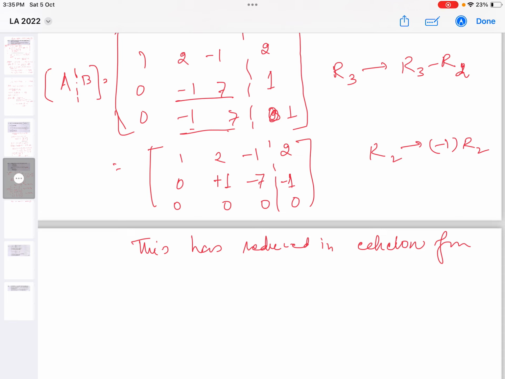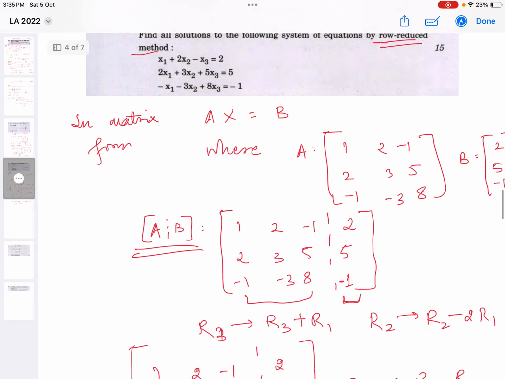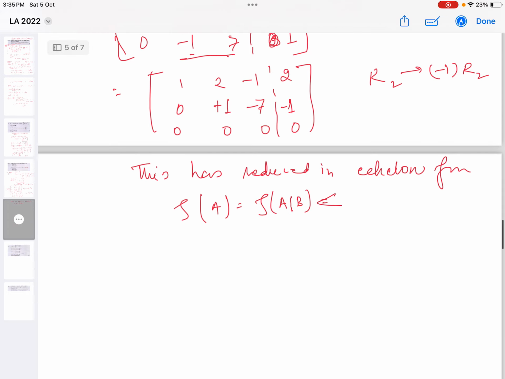So here we see that the rank of A is equal to the rank of A augment B, which is less than the number of variables.